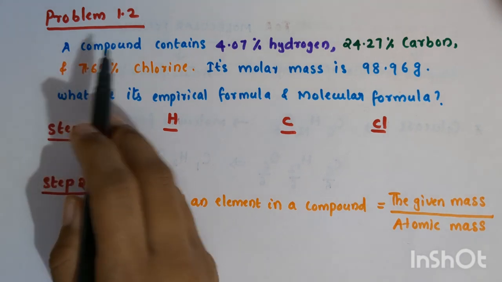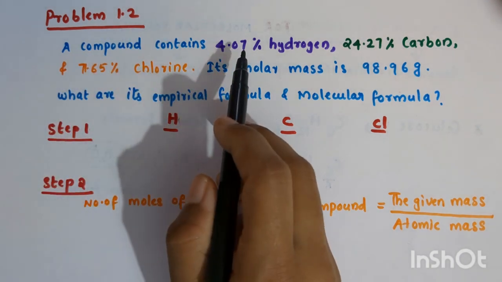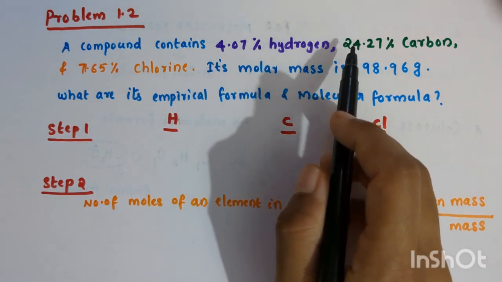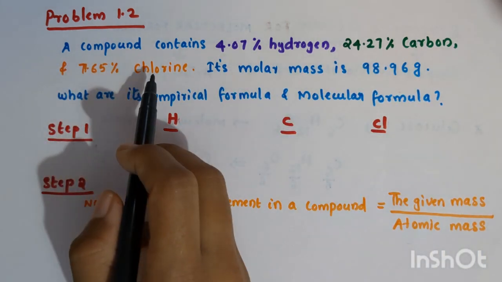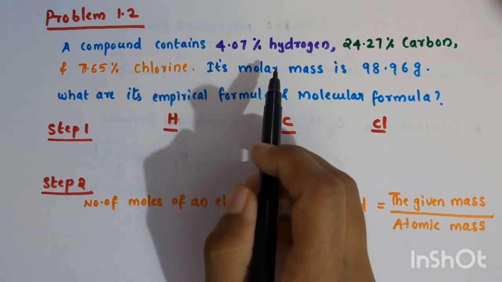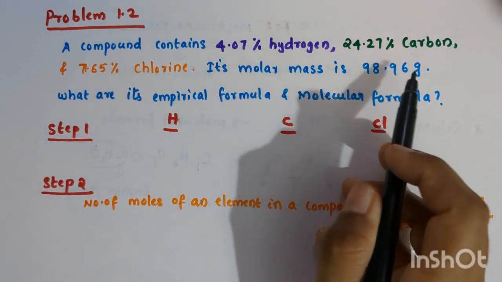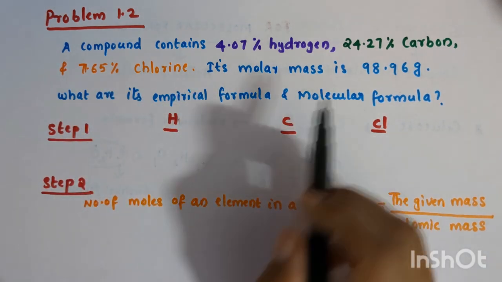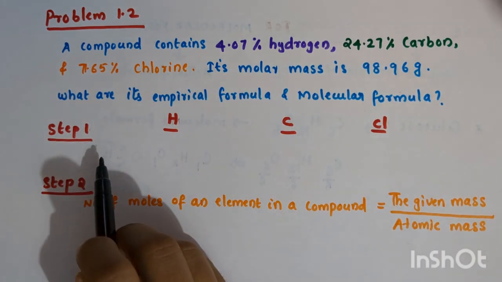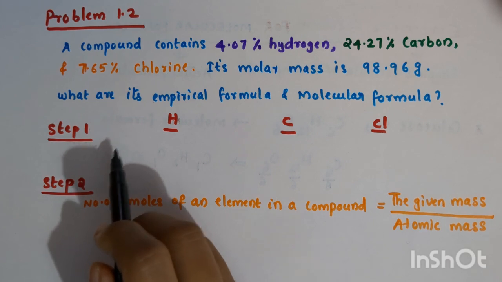A compound contains 4.07% hydrogen, 24.27% carbon and 71.65% chlorine. The molar mass of the compound is 98.96 gram. What are its empirical formula and molecular formula? That is the question. So let us solve this question stepwise.